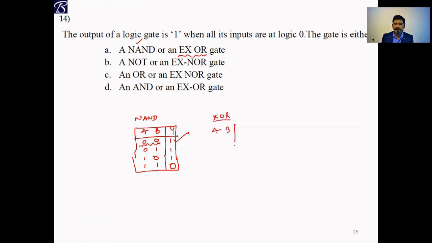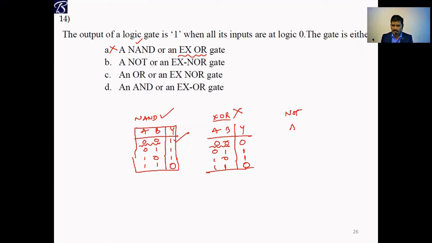A, B, this is Y: 0 0 0, 0 1 1, 1 0 1, 1 1 0. So when all inputs are 0, the output became 0. That's why the XOR gate doesn't match our condition, so option A is not correct.